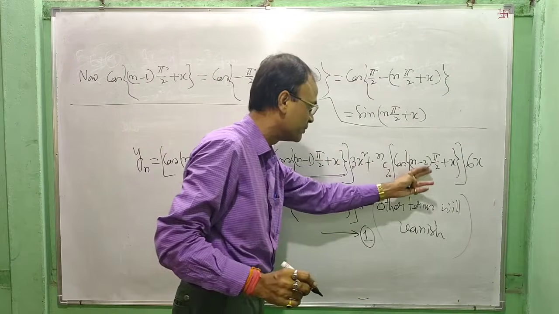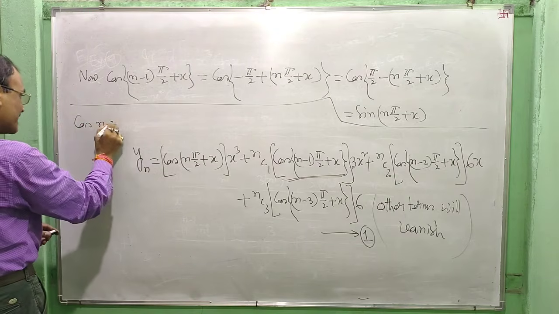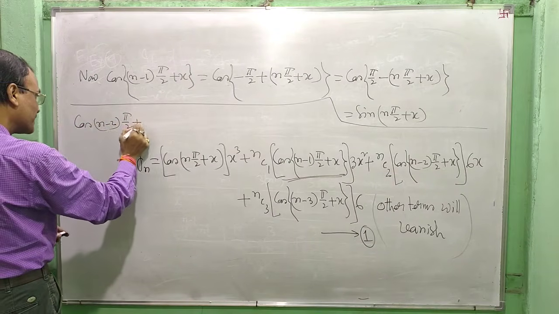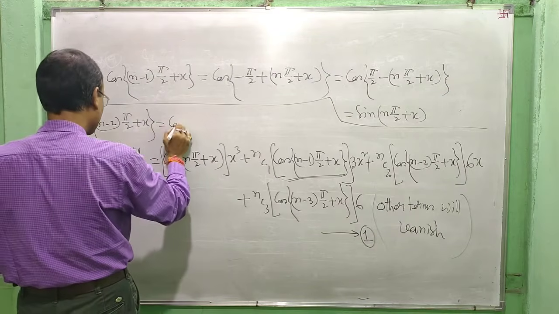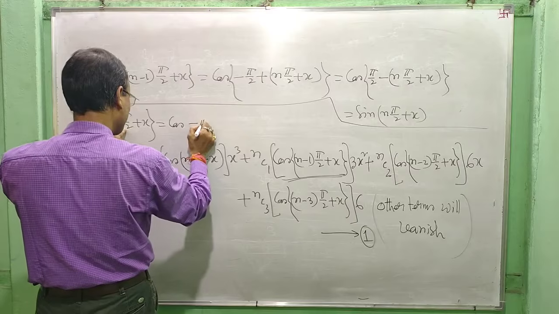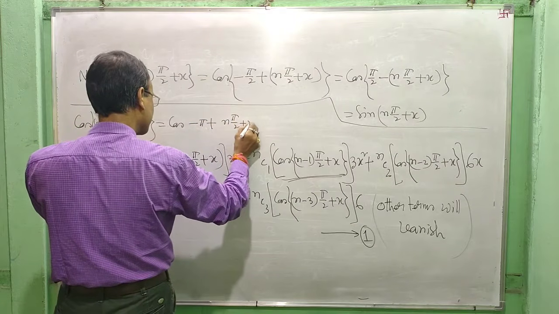Now, what will be this term? Cos of n minus 2 times of pi by 2 plus x. This is equal to cos of minus pi plus n times of pi by 2 plus x.